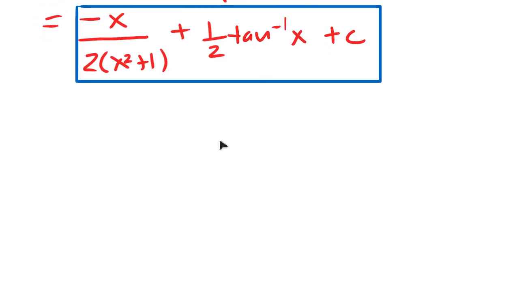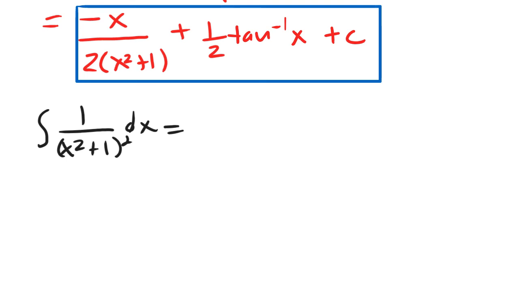So when we put it all back together, we have the integral of 1 over x squared plus 1 to the second power dx is equal to arctangent inverse of x minus, so that's going to be a plus, x over 2 times x squared plus 1.